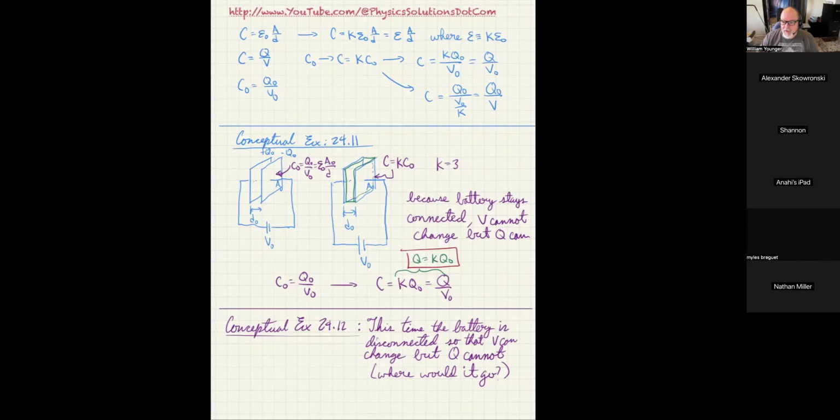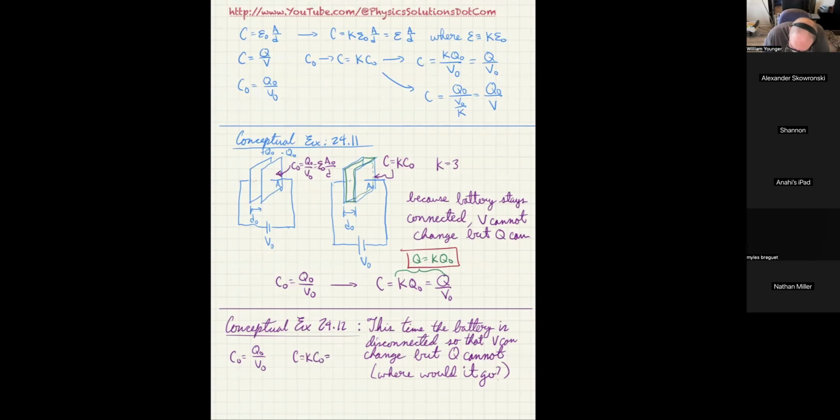But in general, if we're just talking about not leaving it for an extended period of time, there's no way the charge can change. What we know is that C0 is equal to Q0 over V0. And what we know is the new C is equal to K times the old C. So that's K times C0.